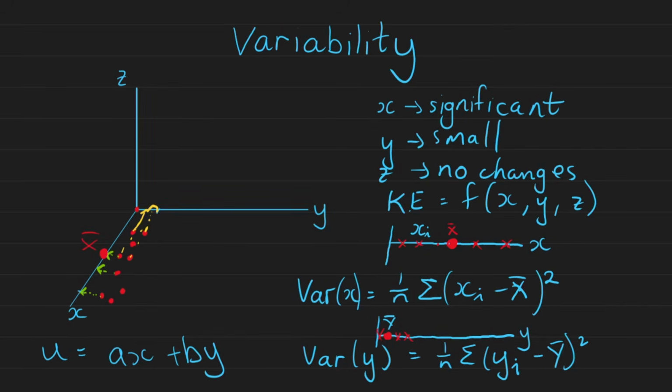So to start off, what I'm going to do is I'm just going to draw this scatter that's on the xy and just isolate it on the xy plane. So here is our scatter, and perhaps we had a few points like this.